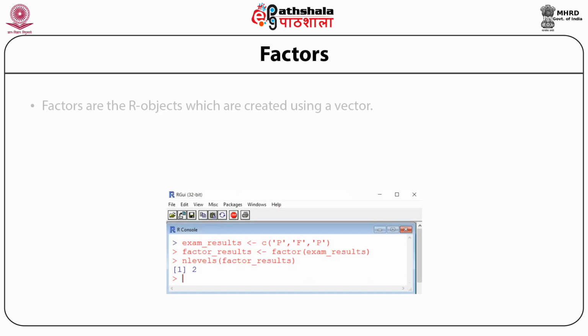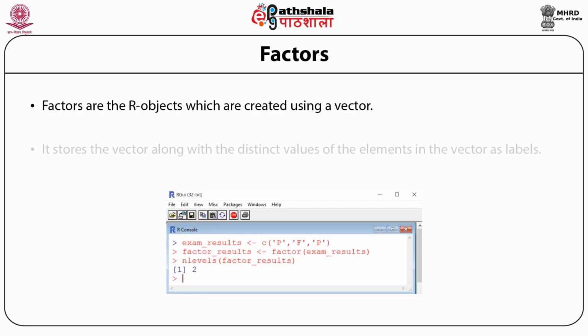Factors. Factors are R objects which are created using a vector. It stores the vector along with distinct values of elements in the vector as labels. Here we can take an example of one object, exam results, equal to c("P","F","P"...).